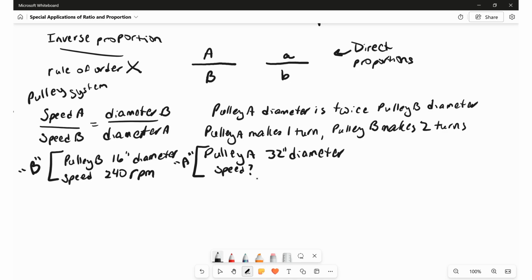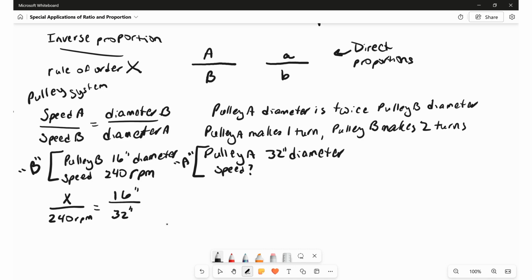So we want A and B to be diagonal, basically, from one another. Okay. So we have our unknown, which is the speed of A, and we have the speed of B. And then we have the diameter of B and the diameter of A. Okay.